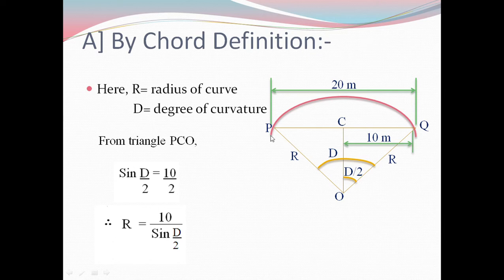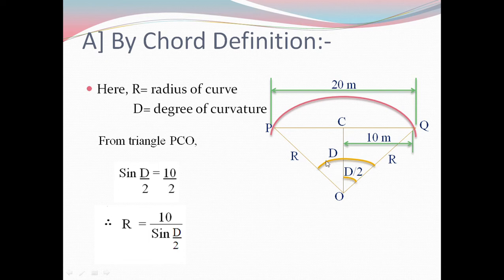Let me take this curve, PQ is a curve. Join PQ, that is the chord length, and we consider 20 meter as the standard length. So for the radius according to the chord definition, I am considering triangle PCO. In it, sine D by 2.